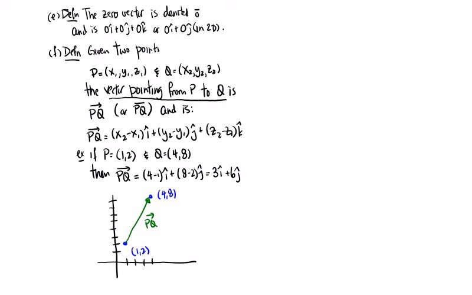That's our Q, that's our P. And just a little note here: PQ is not the same as QP. In fact, QP is the negative of PQ, because you're turning everything around, so you're negating everything. But like I said, this vector, going from one point to another point, will arise a lot.